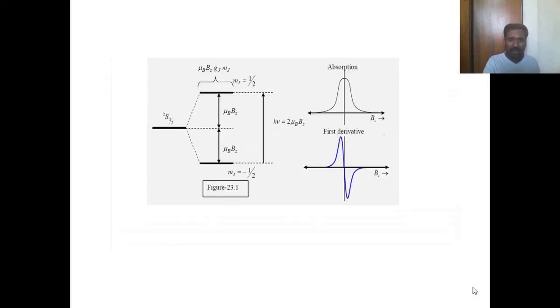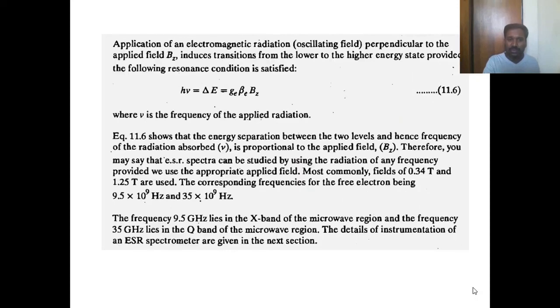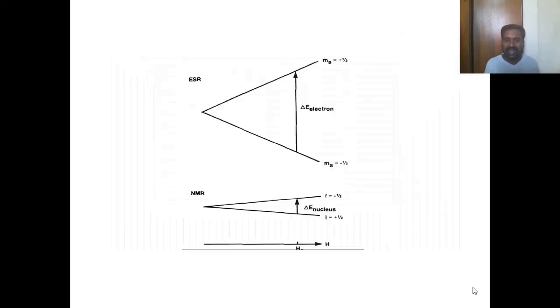Now, why does this happen basically? Why are radio waves absorbed in nuclear magnetic resonance, whereas microwaves are absorbed in electron spin resonance? Because of delta E's difference. If you look at this diagram, for NMR, with respect to the applied field, the delta E is small. For the same strength of the applied field, if you look at ESR, the electron spin states' energy difference is too much.